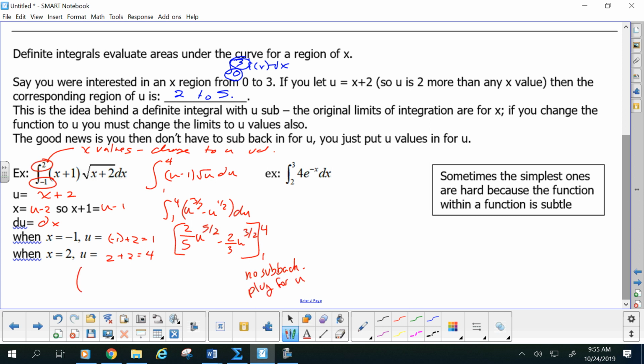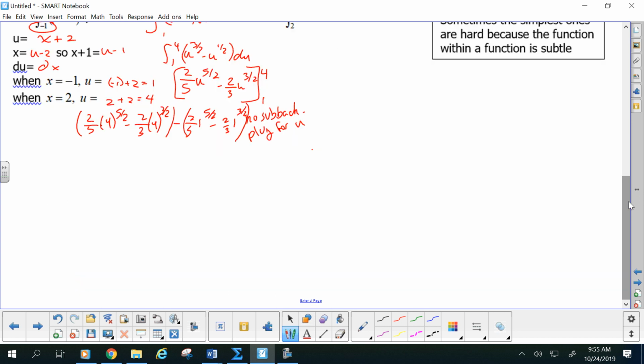So I would have 2/5 times 4 to the 5 halves, okay? 2/3 4 to the 3 halves, minus 2/5 1 to the 5 halves, minus 2/3 1 to the 3 halves. You see? Oh, this is nothing. Okay?